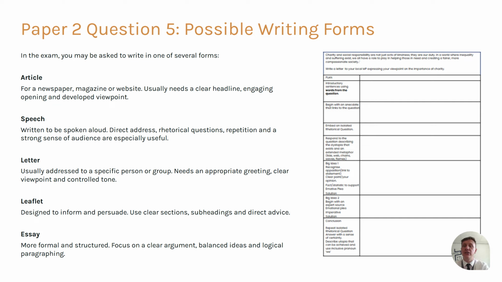You can use things like subheadings, short sections, and of course, direct address because you'll be giving advice. But don't make it too thin. It still needs to be persuasive and carefully written. If you're writing an essay, you usually need a more formal and developed, kind of balanced tone. It should feel logical, it should feel very controlled, with clear paragraphs, and the paragraphing should build your argument over the course of the essay.